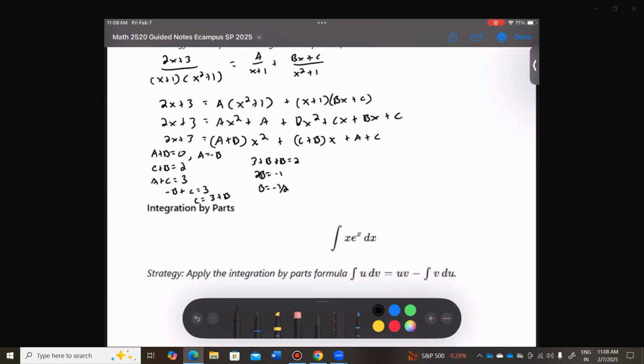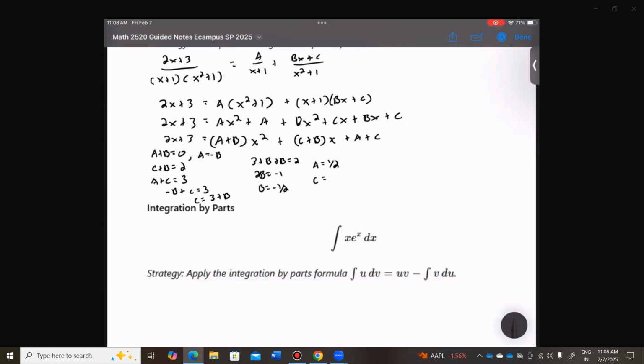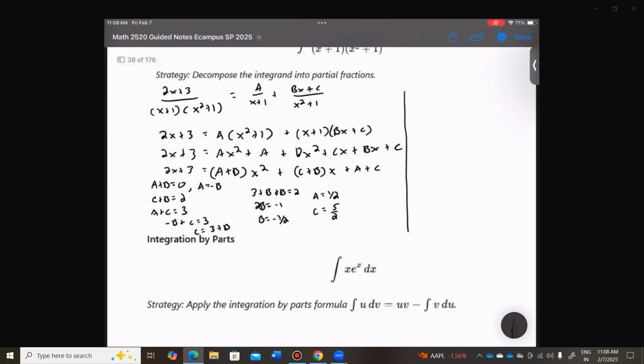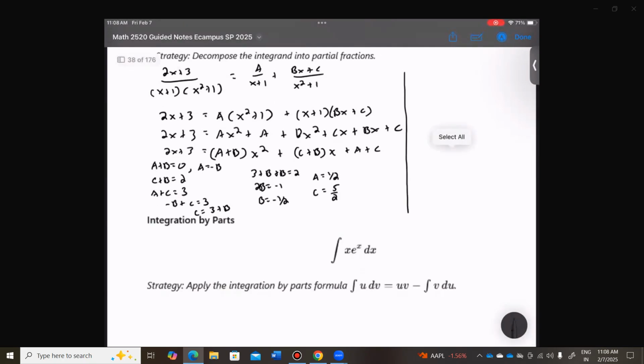And once you have b, you can get the rest. A then is 1/2, and c then is 5/2. Okay, now that we've done that, we can rewrite this integral in terms of 3 different integrals.